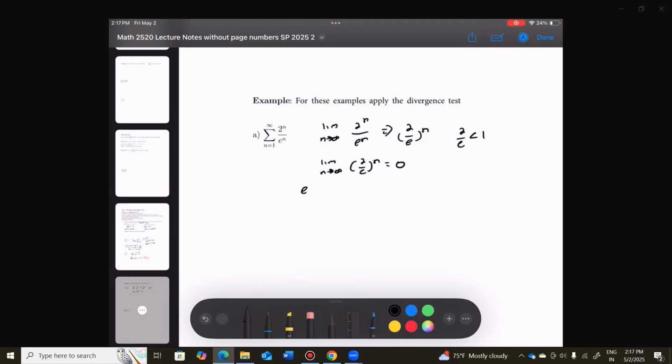Think of it as e goes faster to infinity than 2. So we have possible convergence.